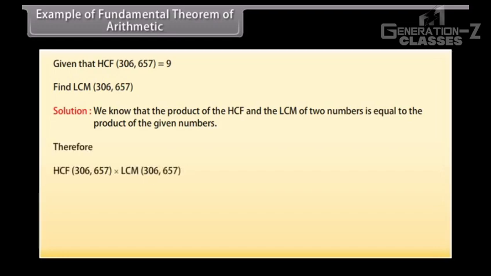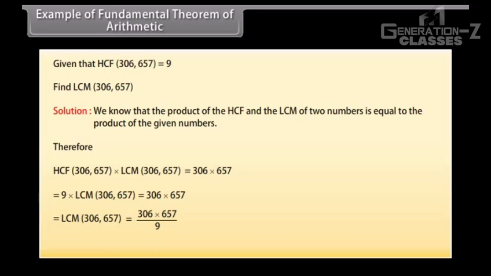Therefore, HCF(306, 657) × LCM(306, 657) = 306 × 657, so 9 × LCM(306, 657) = 306 × 657, which gives LCM(306, 657) = (306 × 657)/9. LCM is equal to 22,338.